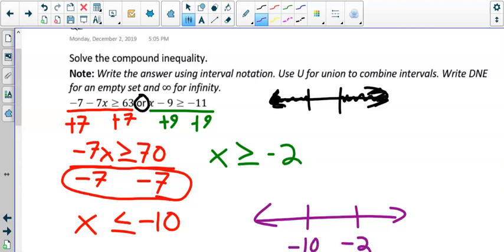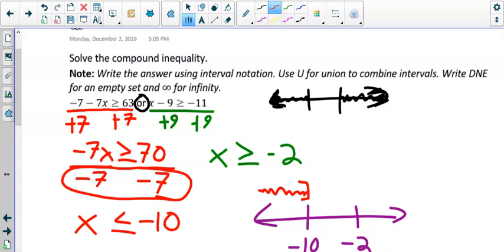All right. So let's take care of the red guy. Will it be a bracket or a parenthesis at -10? Bracket this time, because we're equal to. All right. Will I shade to the right or to the left? To the left, because we can follow that arrow, and it's pointing to the left. So we got this going on right there. Cool?